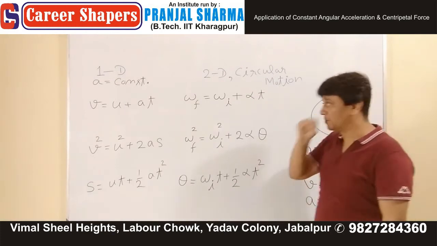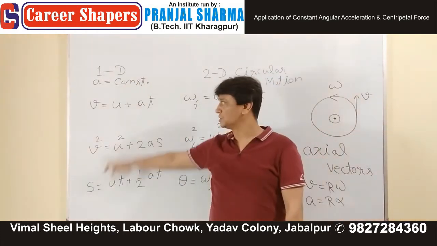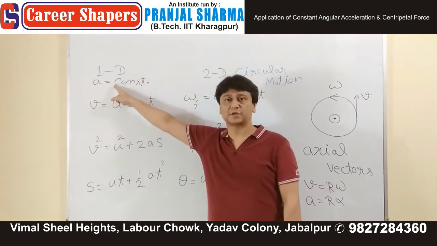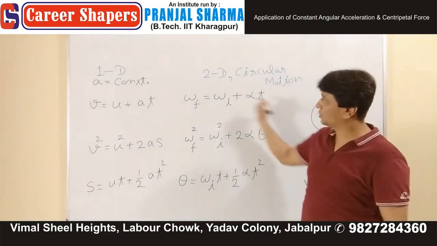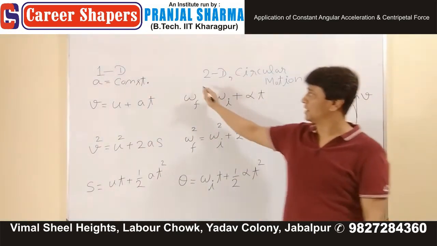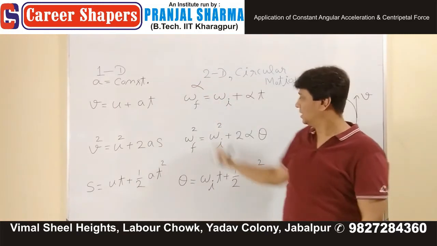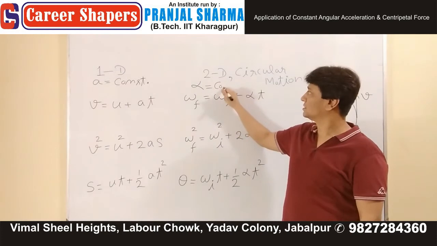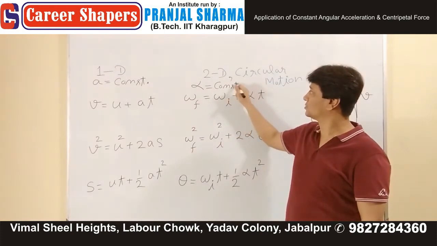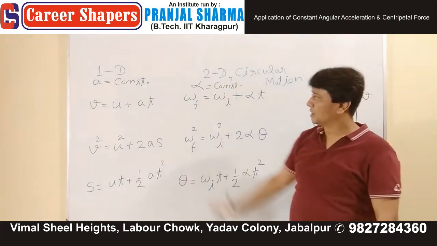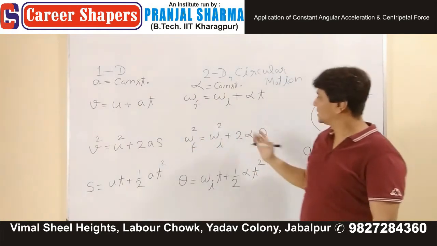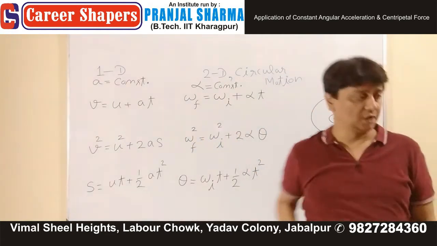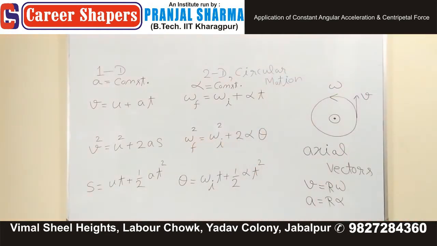And the important part, these equations are used when A is constant. These equations should be used when alpha, the angular acceleration, is constant. Put down this as well as this, and then we'll solve a few questions.